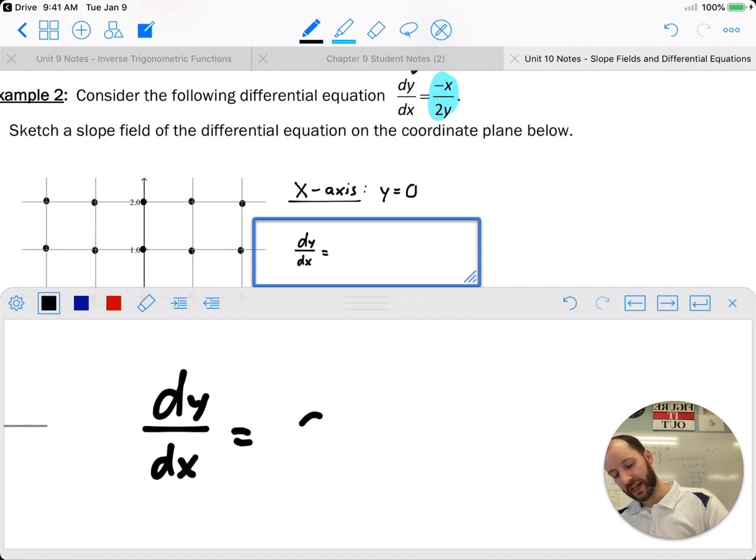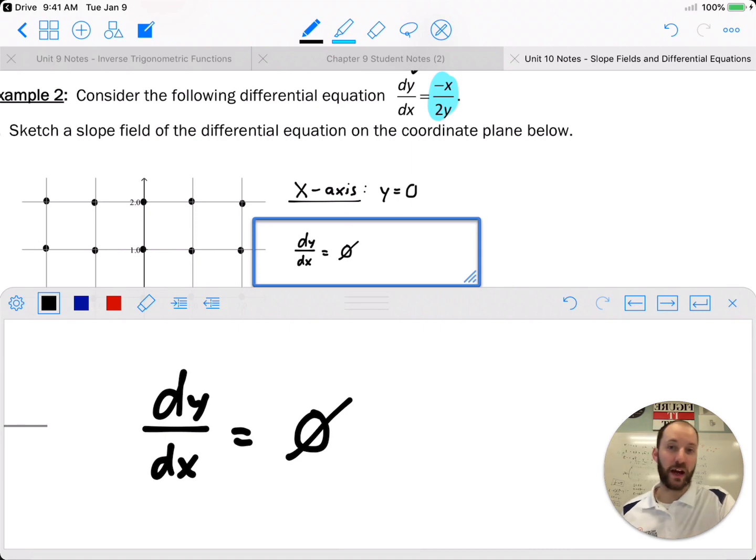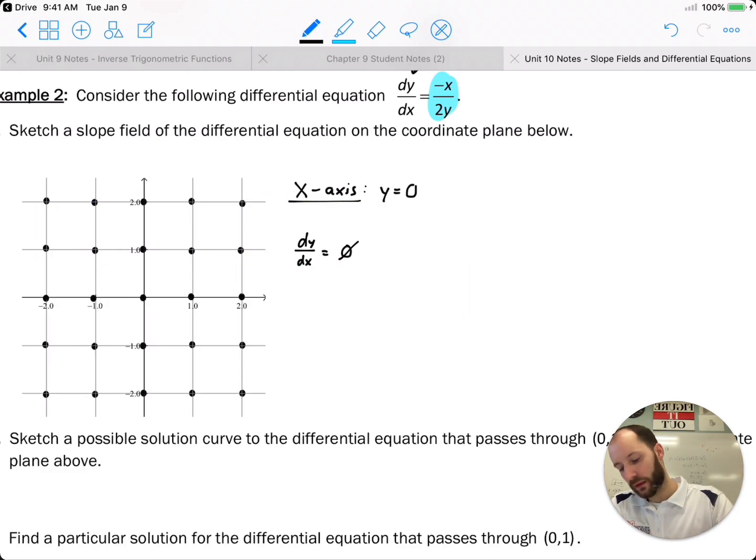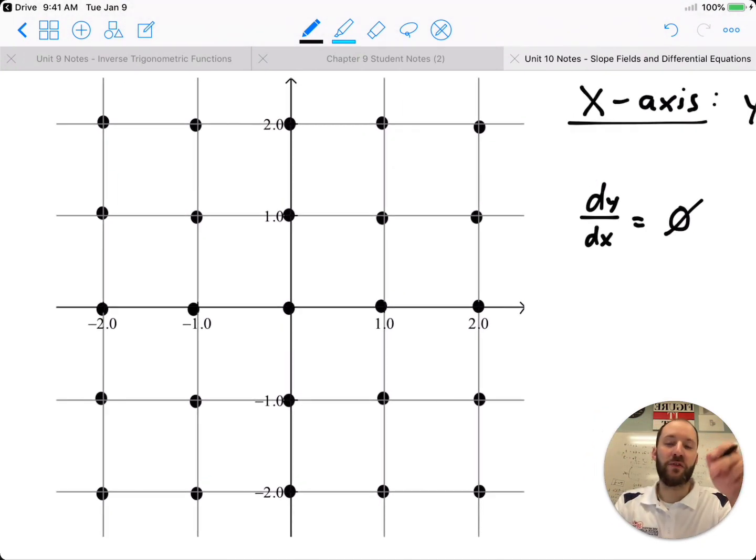So dy dx at y equals 0 is undefined. On the slope field, any points that have an undefined slope, you don't need to put anything in for those. You can leave the x-axis blank, okay?